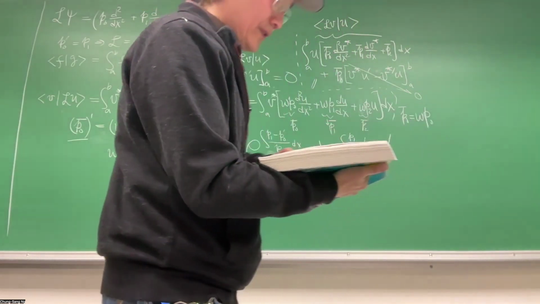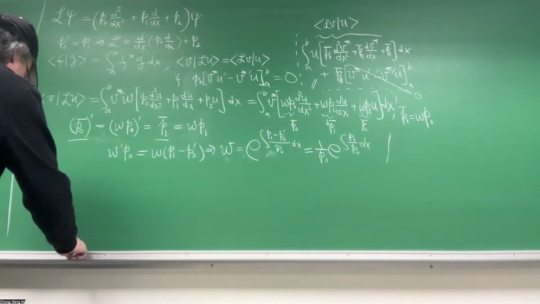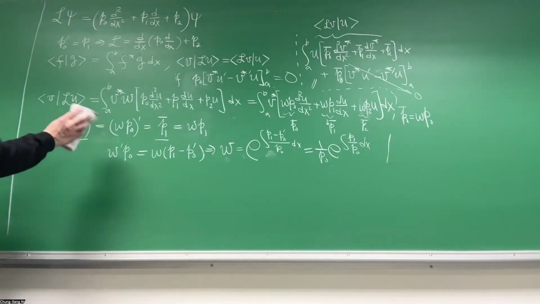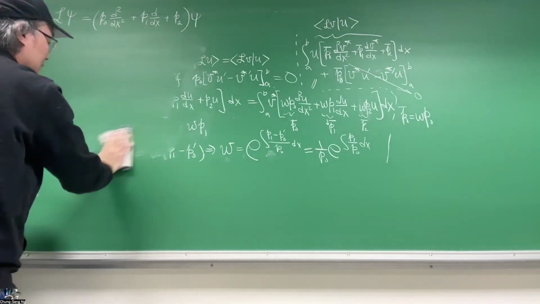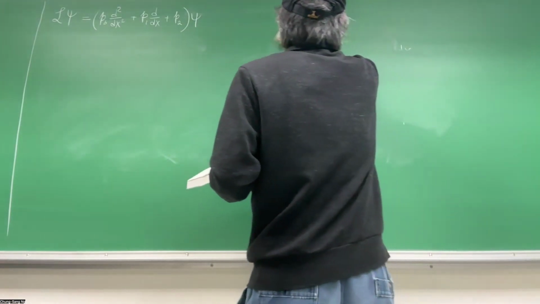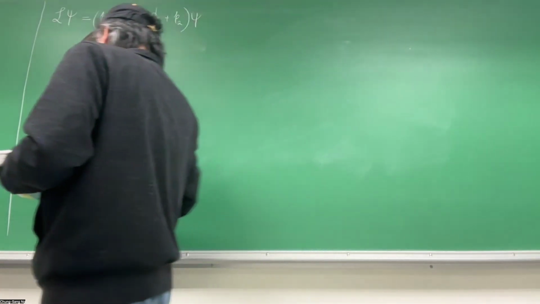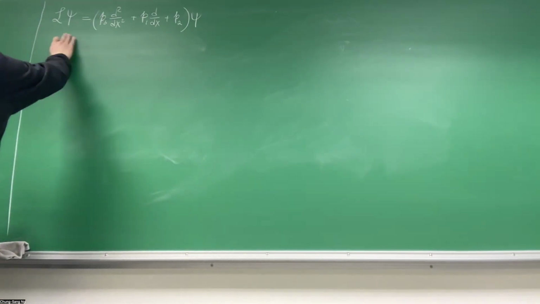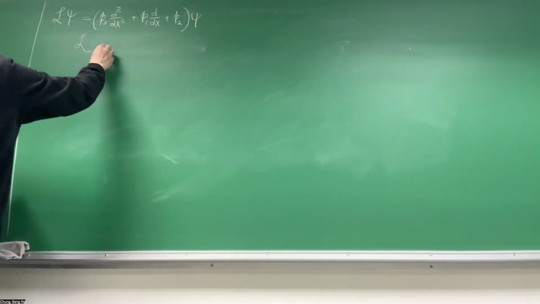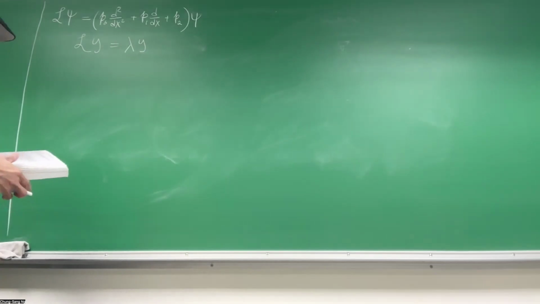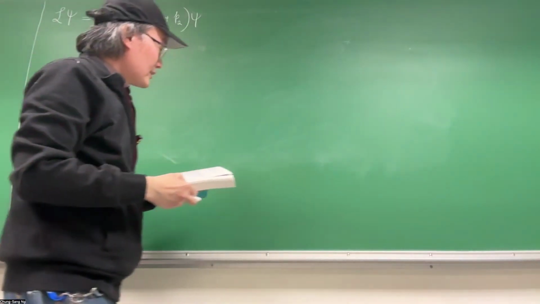So the next section, 8.3, is where we use this kind of operator to solve the eigenvalue problem. Basically, you want your eigenvalue problem, L y equals lambda y, and solve for lambda.